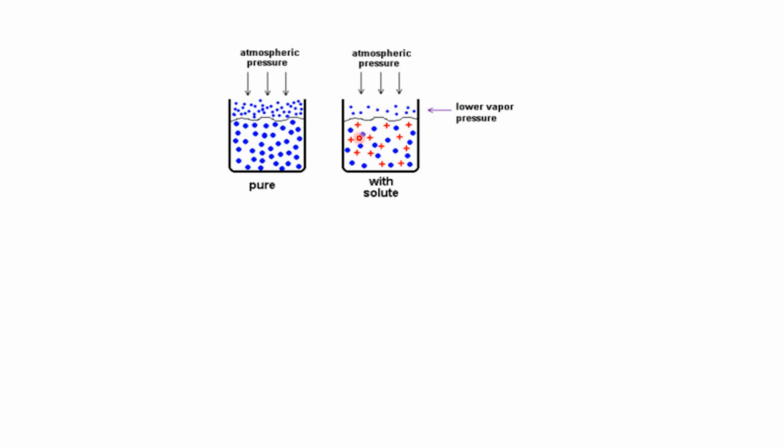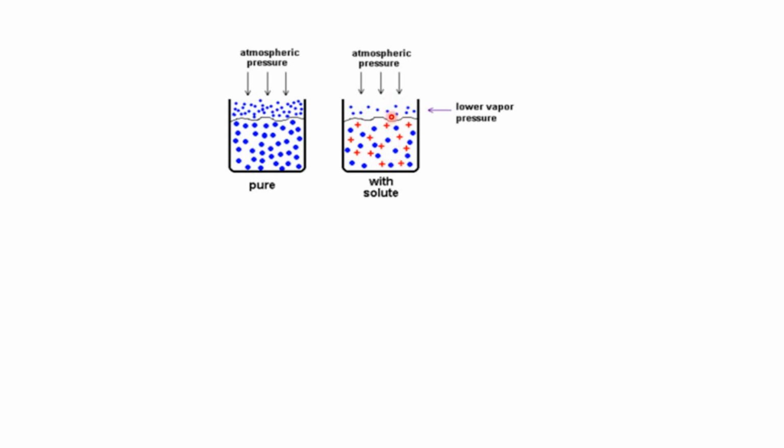So, to make the vapor pressure of the solution equal to that of atmospheric pressure, more vapors are required. How can you get more vapors? You have to heat the solution.